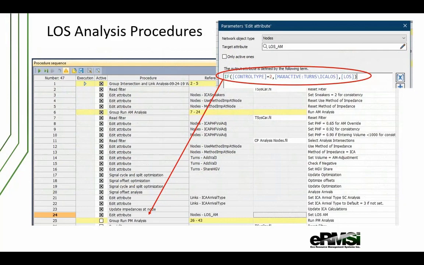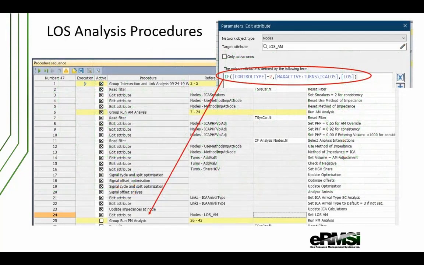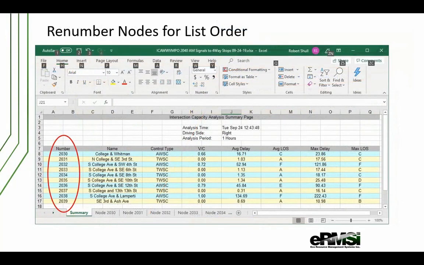To have those plots or graphics with the LOS reported out, we at last got smart enough to just add in a little statement: if it's a two-way stop, use the worst turn, or if it's not, use average. And instead of having one graphic for each, that just made it a little easier.